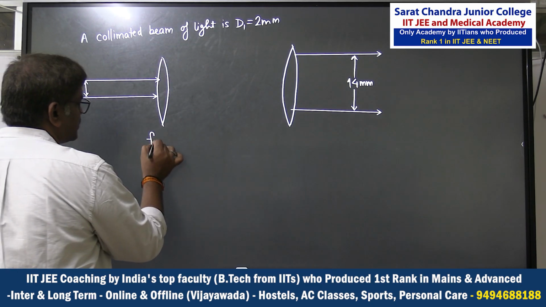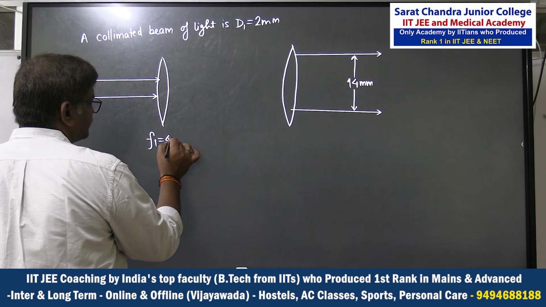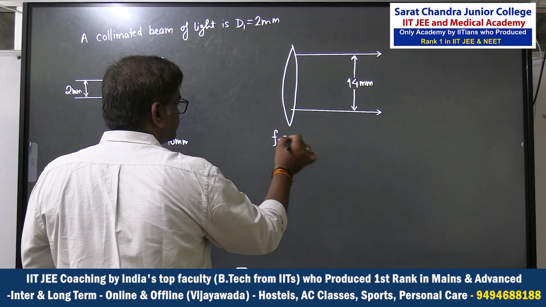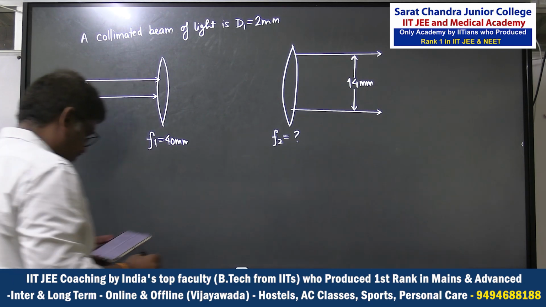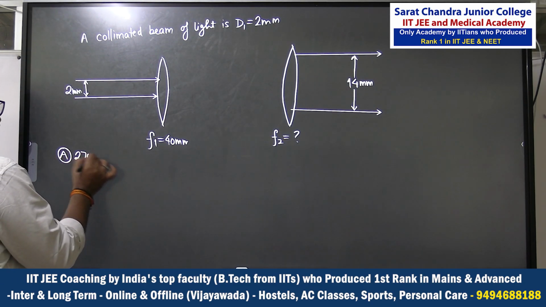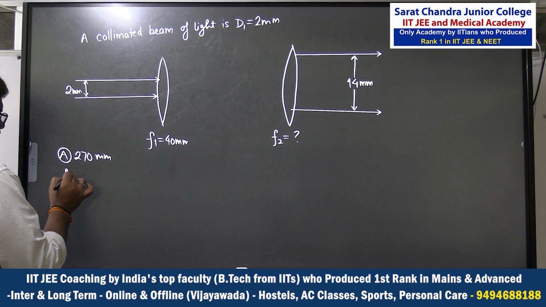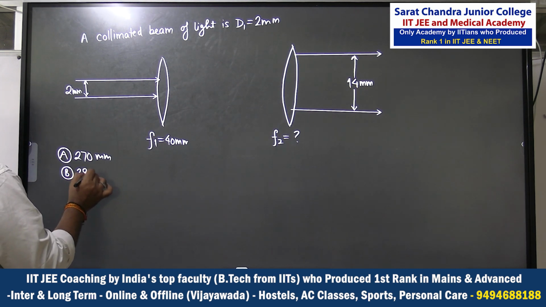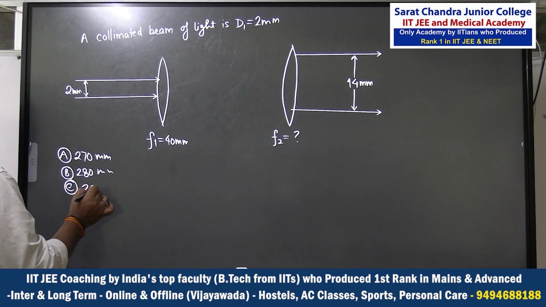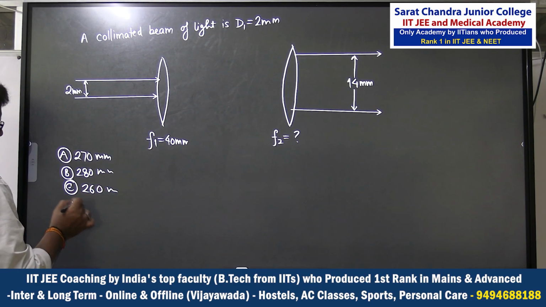The focal length of the first is given as 40 mm, and the second we have to find out. Options are given as 270 mm, 280 mm, 260 mm, and 290 mm.